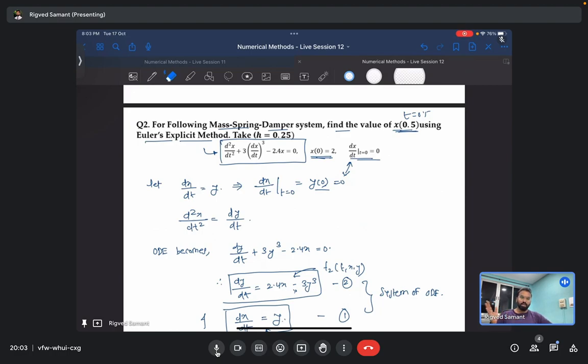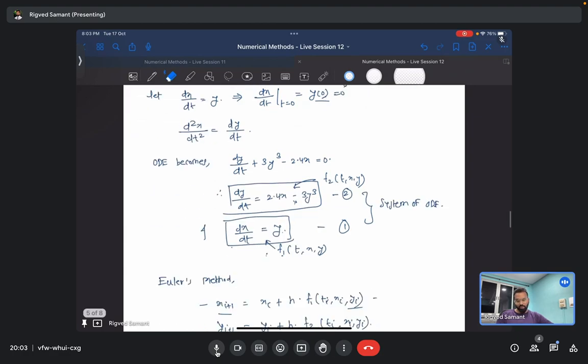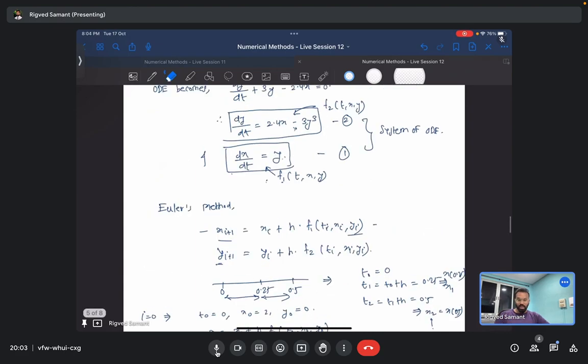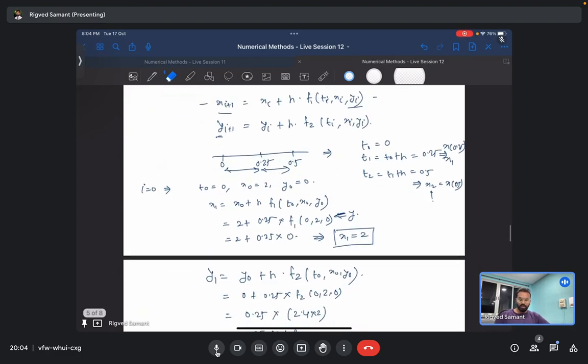From a second order equation we write 2 first order equations, a pair of first order equations dependent on each other, and then we solve it using the basic Euler's method. Just the catch would be both of the equations are a function of t, x and y, and both should be numbered differently, f1 and f2, and then you can easily proceed with the procedure of Euler's method.